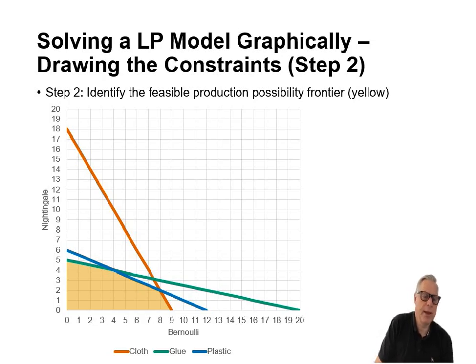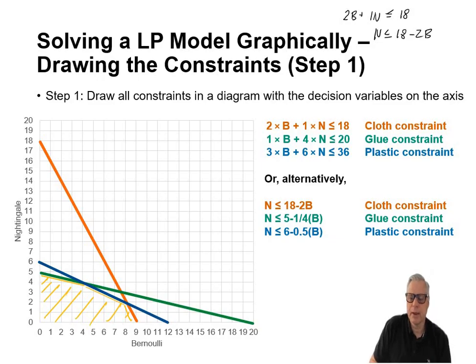So if we go back again, we saw if we have 18 units of cloth, well, I could produce, for example, 18 nightingales and no Bernoulli. But I could also produce 10 nightingales and 4 Bernoulli. So I use up also all 18 units of resources.